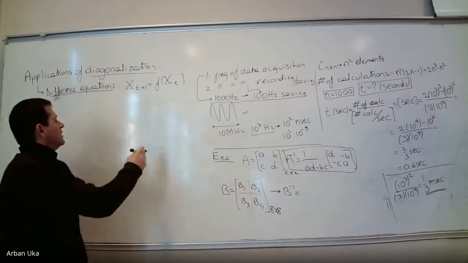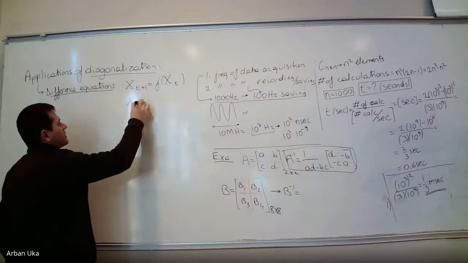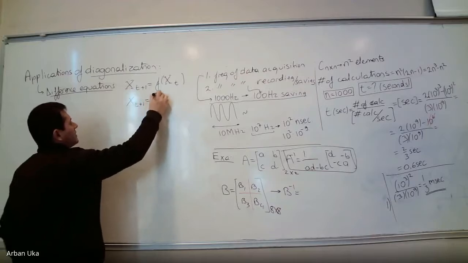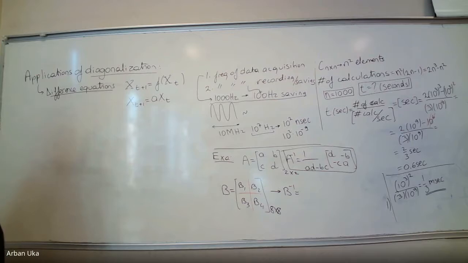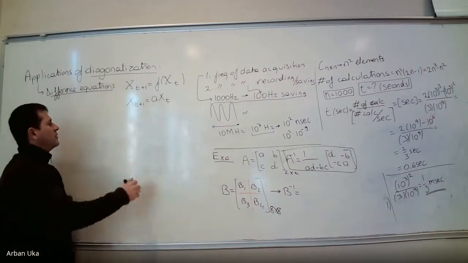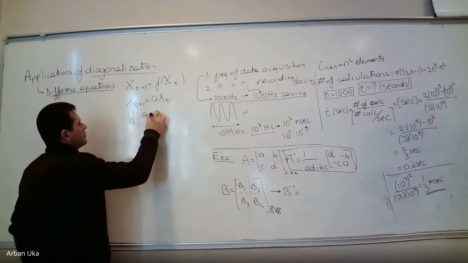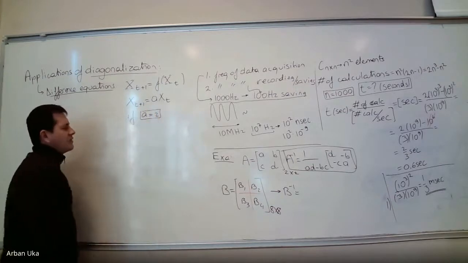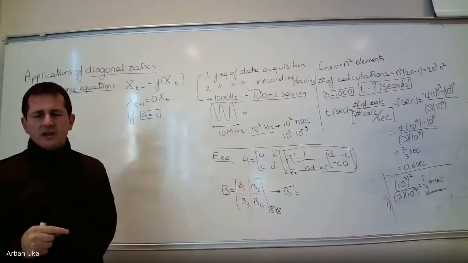Then we can say that x_{t+1} is equal to a times x_t. Okay, so this is the relationship, which could be the following: if a is equal to 2, this means that the virus, or let's say the bacteria, doubles at each instant.